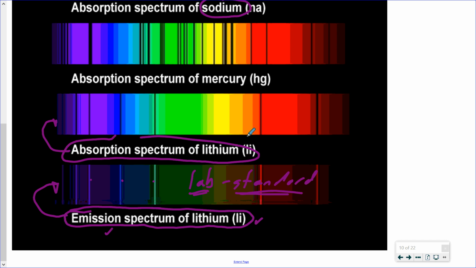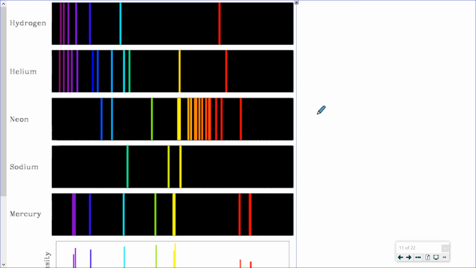So this is how, if this were a star, we can now take a look at that star and say, oh, well, that matches up with what we know from the lab, that it must be lithium that is surrounding that star, and that's what's removing those particular wavelengths of the electromagnetic spectrum.